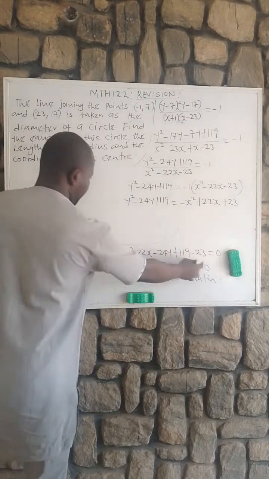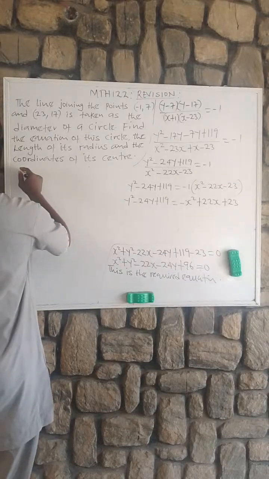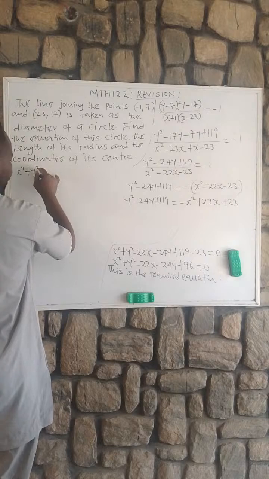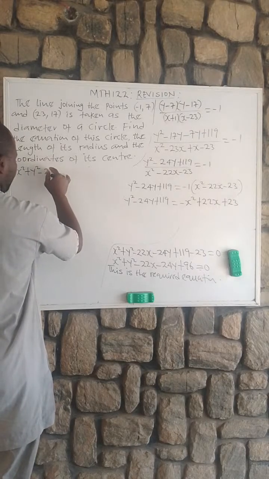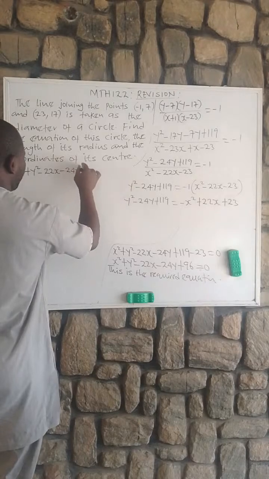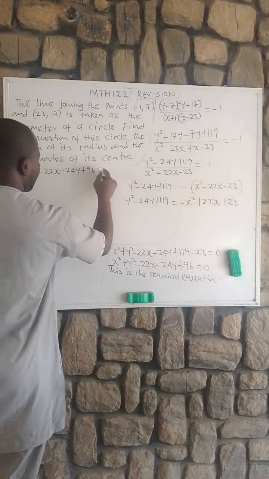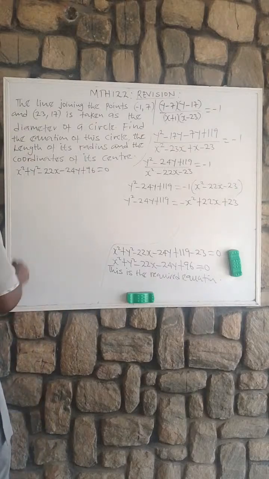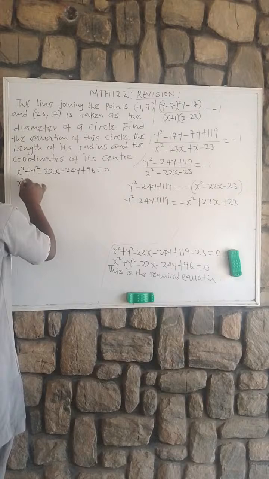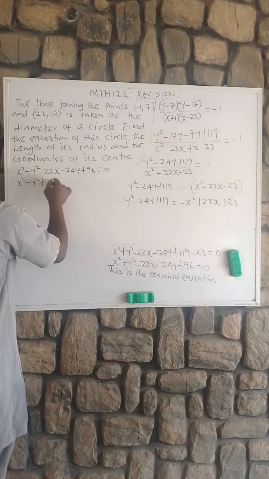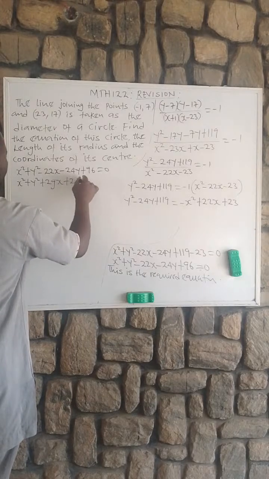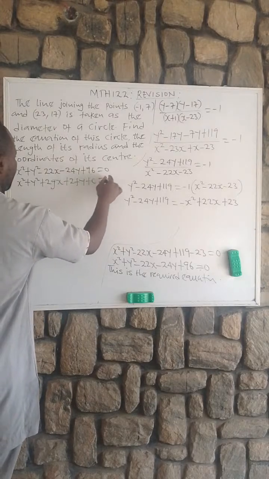So equating this with this, it means our x squared plus y squared minus 22x minus 24y plus 96 equals to 0, right? Then our original equation of the circle is x squared plus y squared plus 2gx plus 2fy plus c equals to 0.